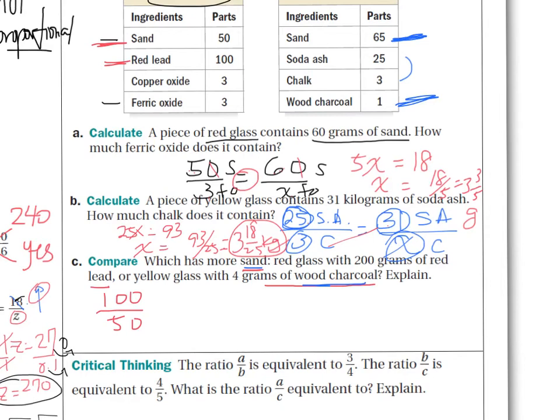Okay, let me backtrack a little bit. So this is red lead to sand, and for the yellow glass, it's 1 wood charcoal to 65 sand.